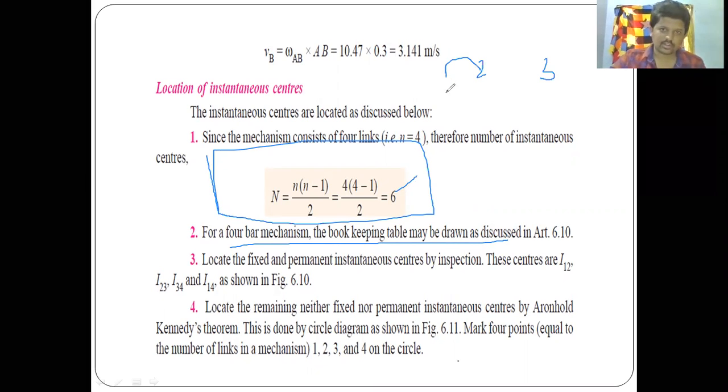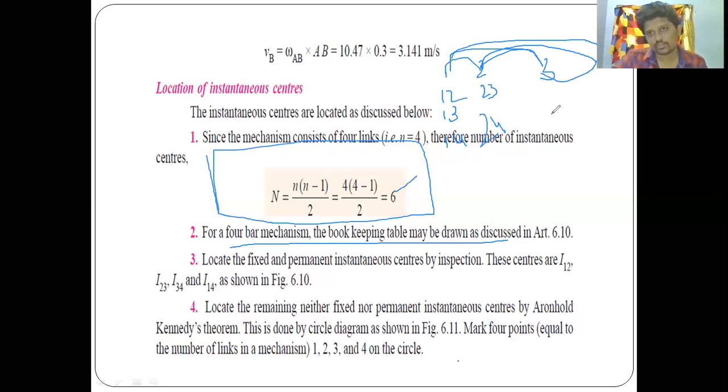That is 1-2, and for 1, 3 it is 1-3, and for 1, 4 it is 1-4. 3 centers are done. Now 2-3. The fourth one is the 2-3 center, and this is 2-4. The last one is 3-4. So we are done with the table part.